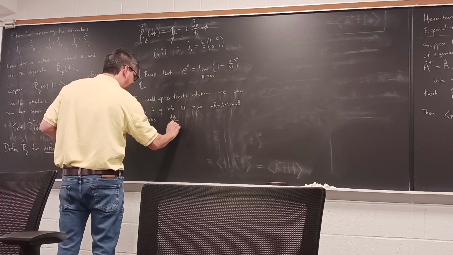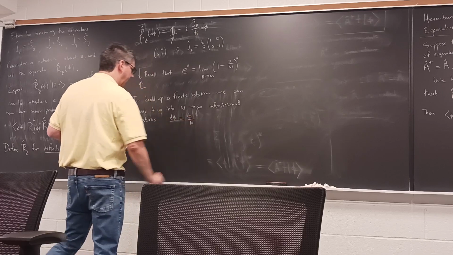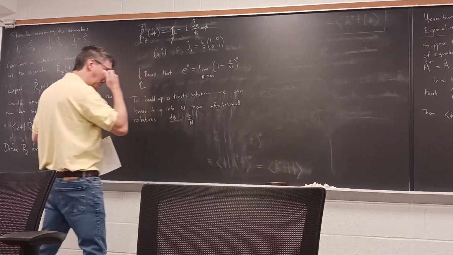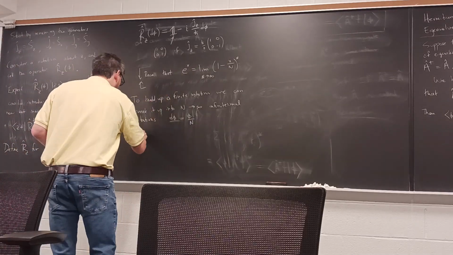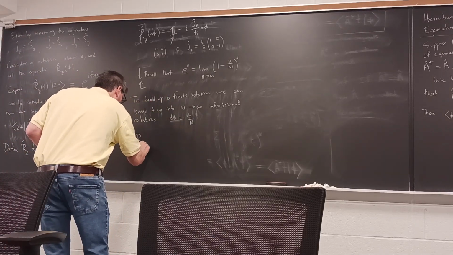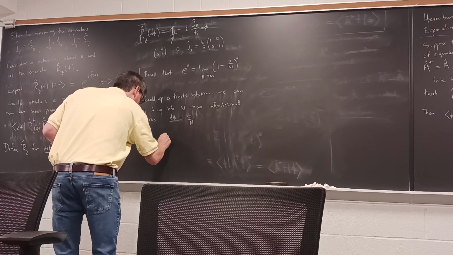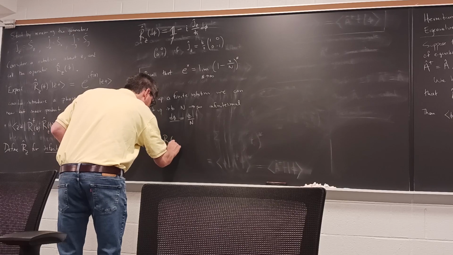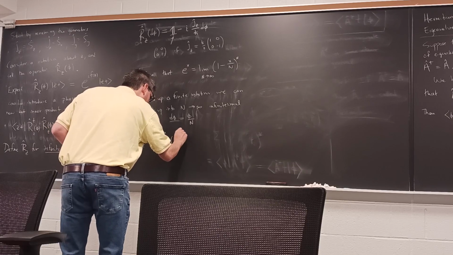So we can write d phi is equal to phi over n. Then we would have RZ of phi, this would be RZ of d phi to the nth power.